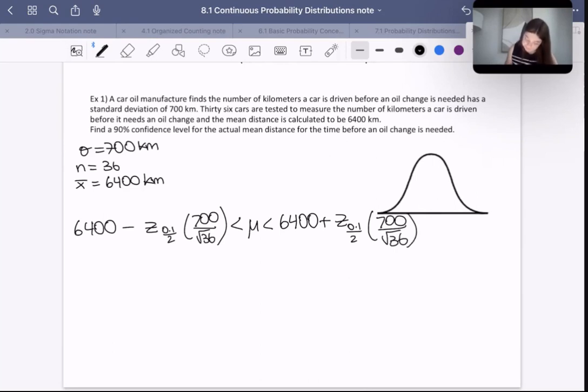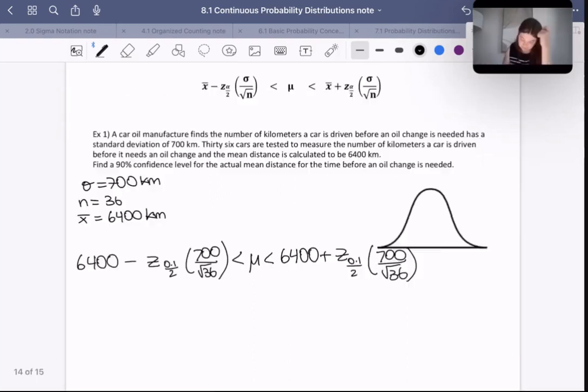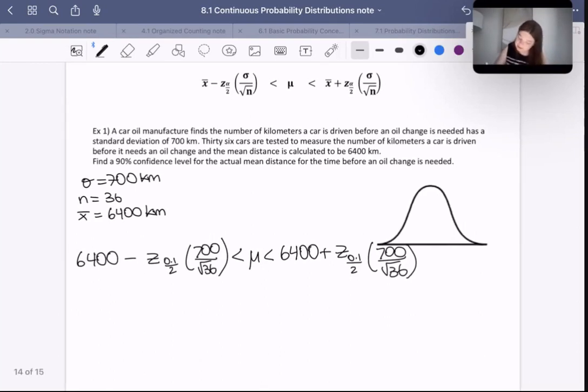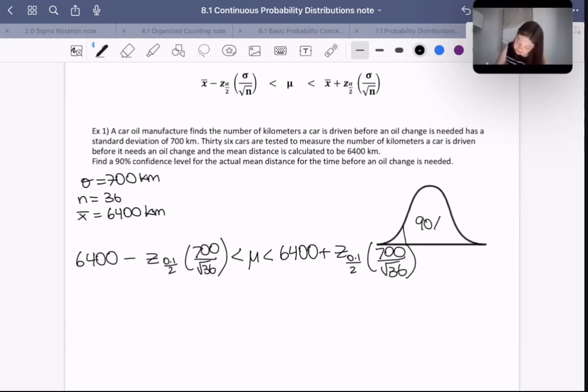Okay. So next thing I want to find is what is the z-score of 0.1 over 2? Well, that's going to be the same as the z-score. And actually, I want to talk about what this means exactly. What does this mean, 0.1 over 2? Well, what I mean by that is that 90% of this area must be covered.